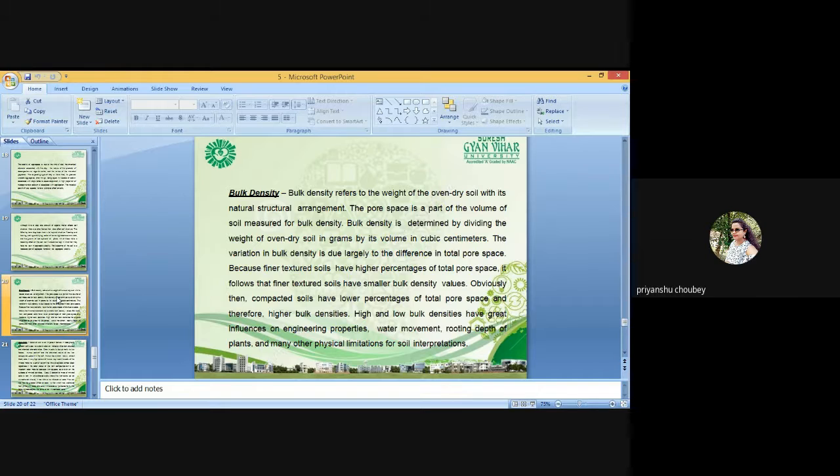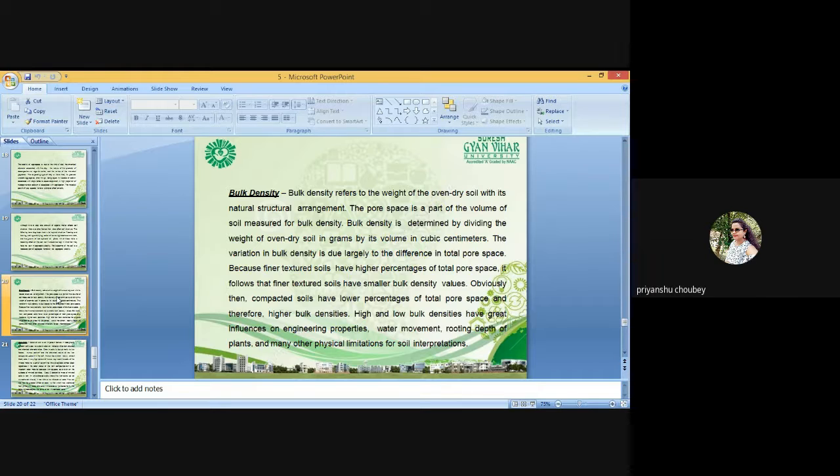Void ratio is greater than porosity, as Vf per unit volume is always greater than Vs, and its value varies between 0.3 and 2.0. The relationship between void ratio and porosity is e equals F upon 1 minus F, or F equals e upon 1 plus e.